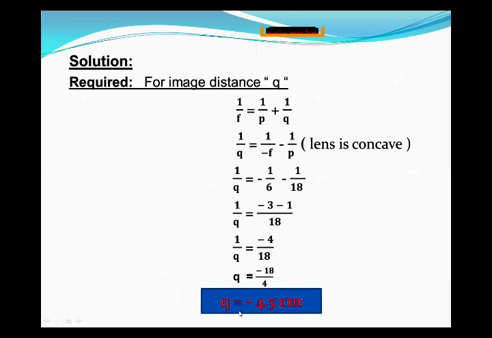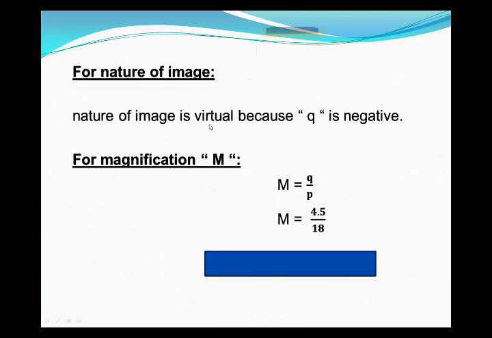So we are getting Q is equal to minus 4.5 centimeter. Keep in your mind here Q is negative. So what will happen? Its nature will be virtual, meaning the nature of the image will be virtual, because Q is negative.